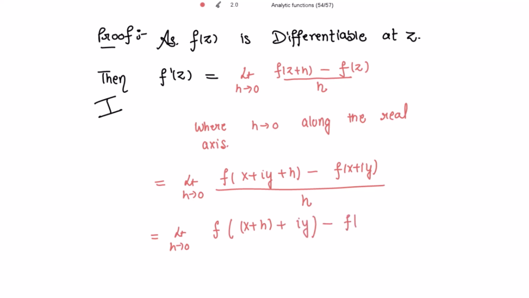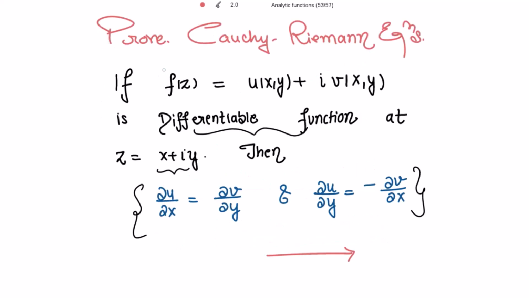Now it is given that f(z) = u(x,y) + iv(x,y). I'm going to apply this now.